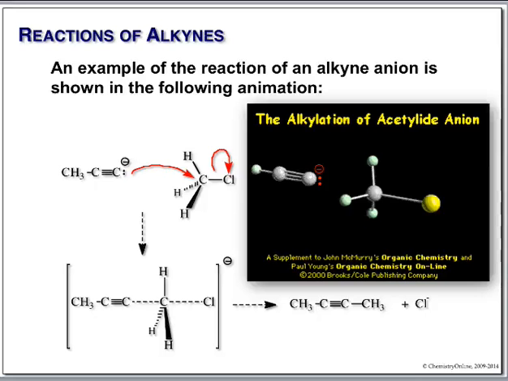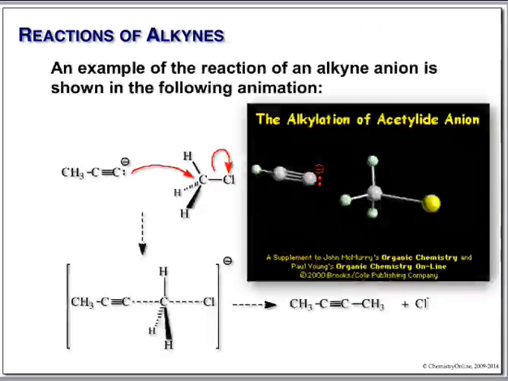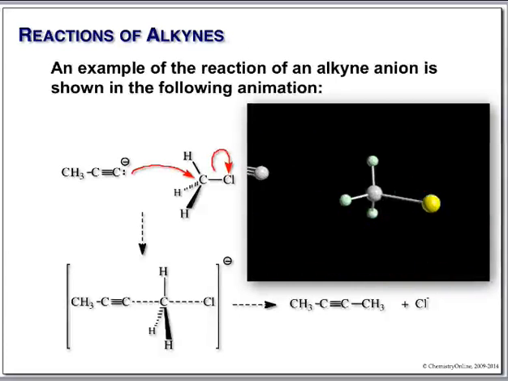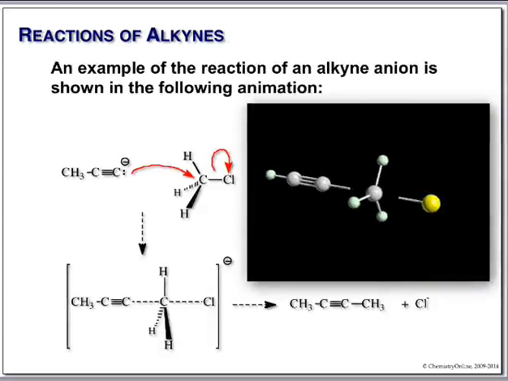Let's see if our movie plays. No, it didn't. We'll try it again. There it goes. Here's the alkyne anion. It's going to attack. Chloride is going to leave. Here's our transition state. See, it's planar. Bond makes, bond breaks.